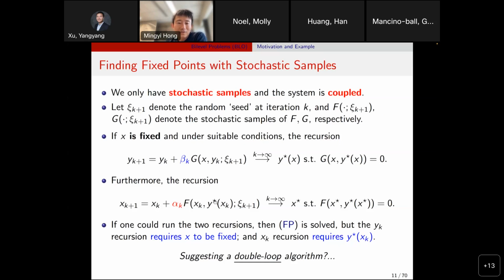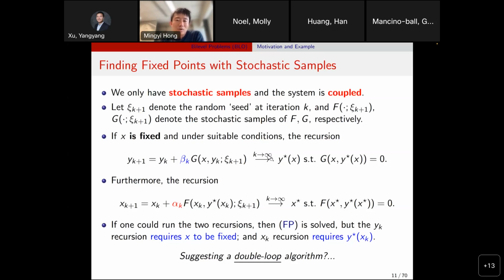Now, once this is done, you can fix y star, and then try to go back to the upper level, the other function f, and try to sample again, and then do this. But the problem here is that each time I sample epsilon k and try to optimize the upper level problem, I need to get an optimal solution from the lower level problem, which I need to do an infinite number of times as well.